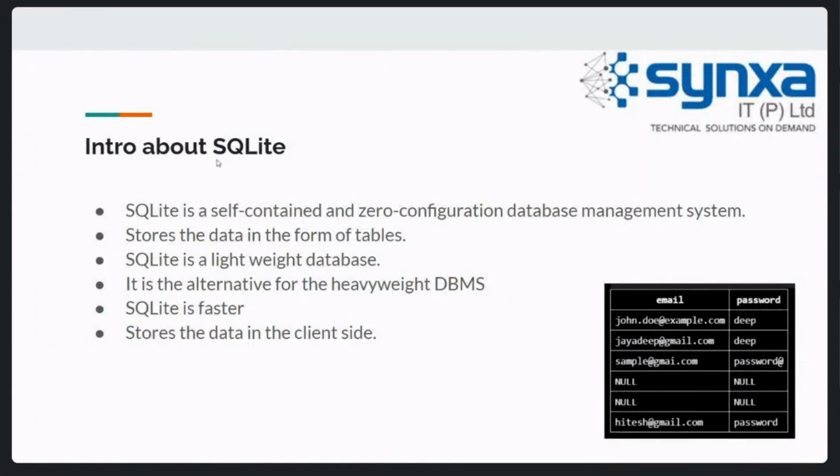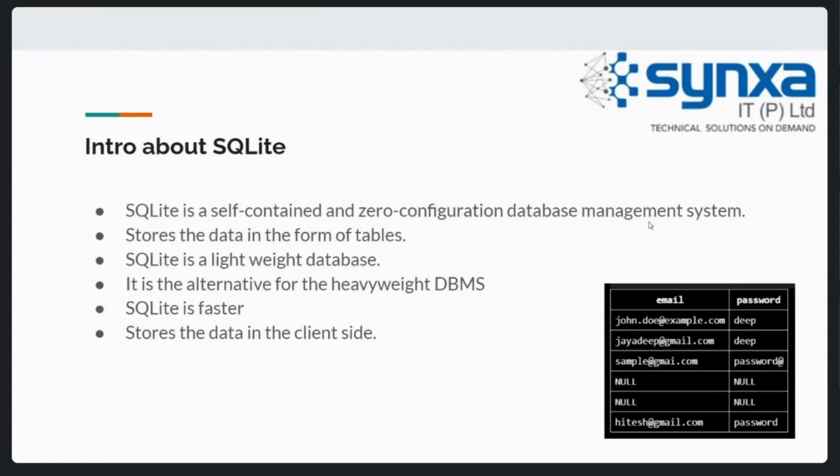SQLite stores data in the form of tables, unlike MongoDB. Here you can see tables and columns, and it stores data in this format. It is a zero configuration database, like I mentioned. In other database systems like MySQL, MongoDB, or PostgreSQL, we need to configure the database first.